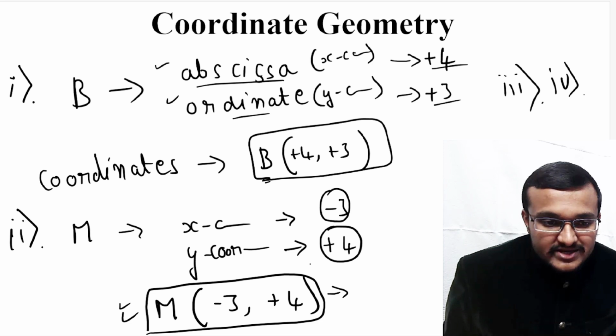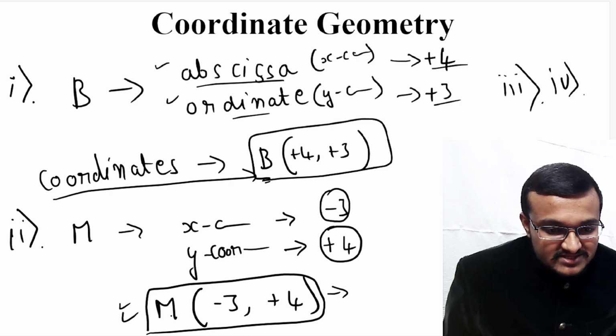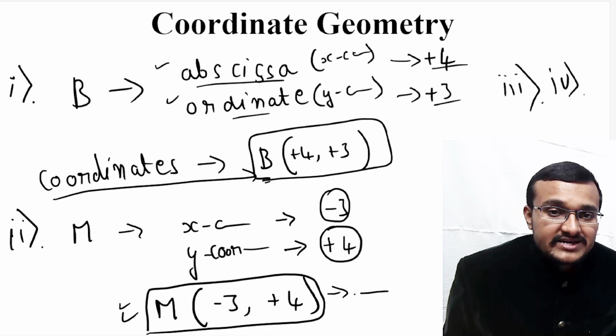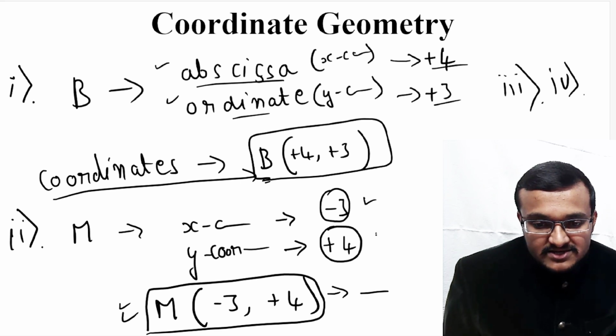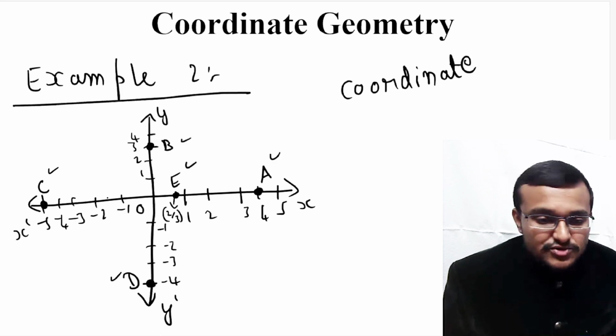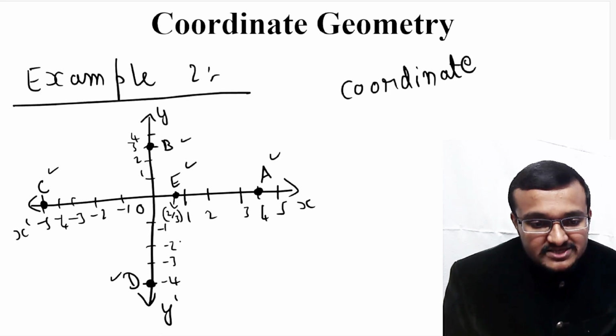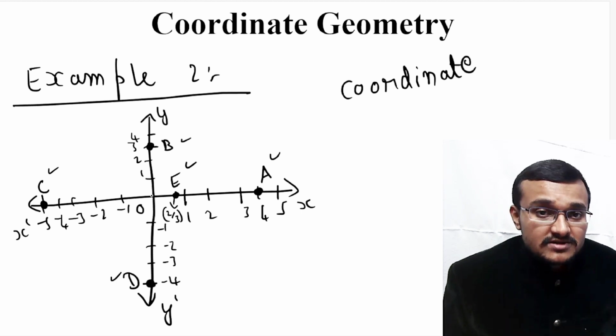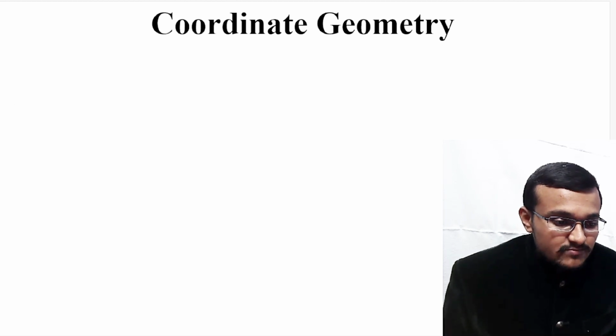Here this is the coordinate of point B, and this was the coordinate of point M, where you wanted the x and y coordinates. Similarly in example 2, you can identify the x and y coordinates of all these points and find out the coordinates of each point.